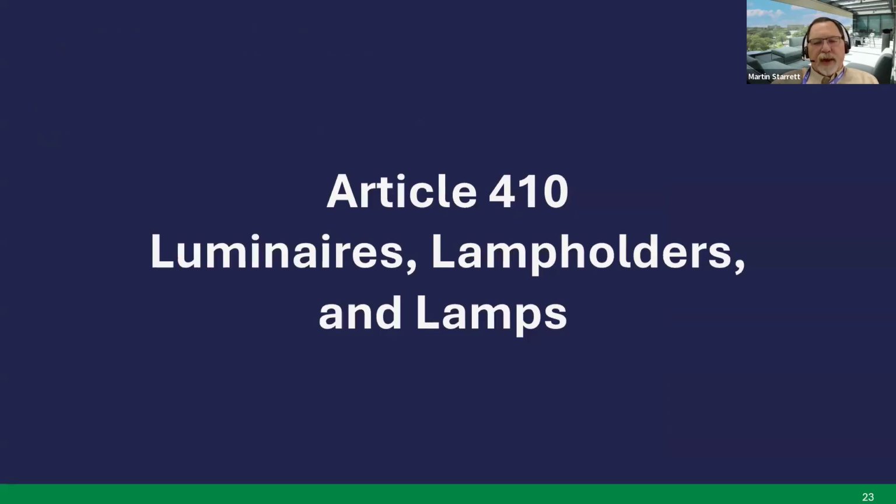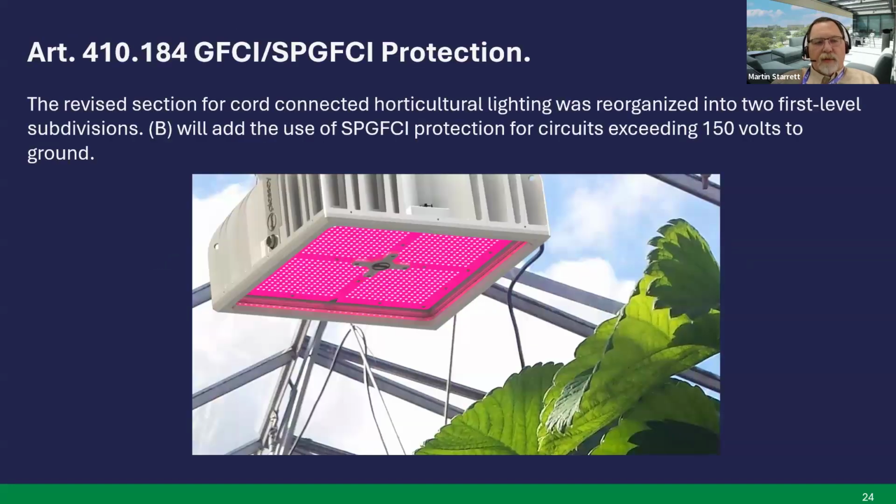Article 410, luminaires, lamp holders, and lamps. Article 410.184, special GFCI protection. The revised section for cord connected horticultural lighting was reorganized into 2 first level subdivisions, and section B will add the use of special GFCI protection for circuits exceeding 150 volts to ground.